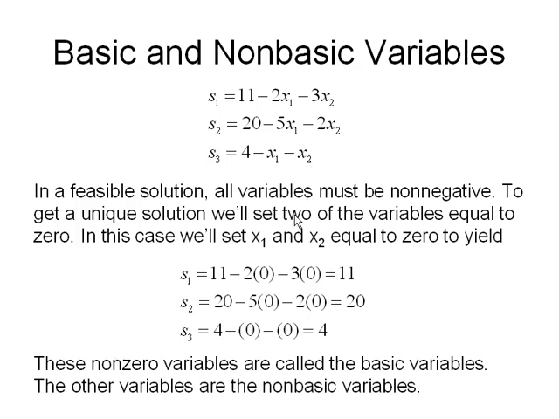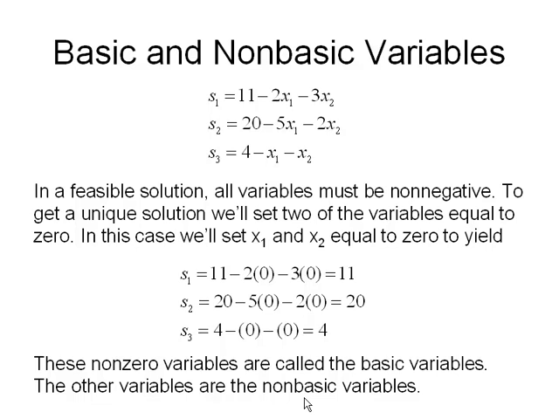If I put in 0 in place of x1 and x2, the first equation gives me s1 equals 11. The second gives me s2 equals 20. And the third equation gives me s3 equals 4. These non-zero variables are now the basic variables. The variables that I set equal to 0 are the non-basic variables.